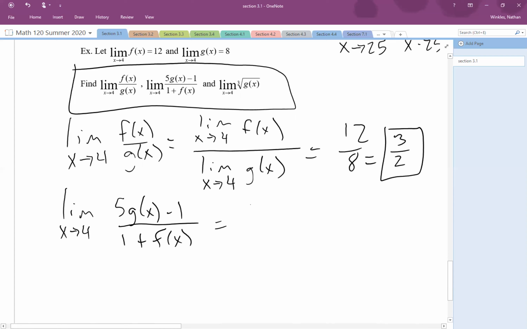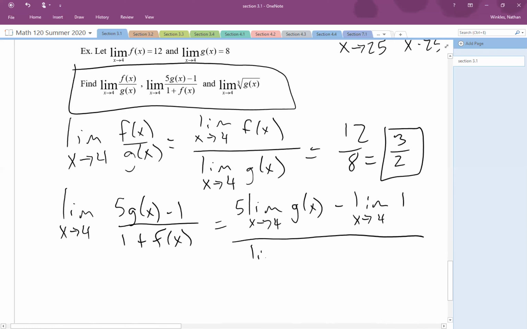But if we want to do it this one way, we could say 5 times the limit as x goes to 4 of g of x minus the limit as x goes to 4 of 1, all divided by the limit as x goes to 4 of 1 plus the limit as x goes to 4 of f of x.